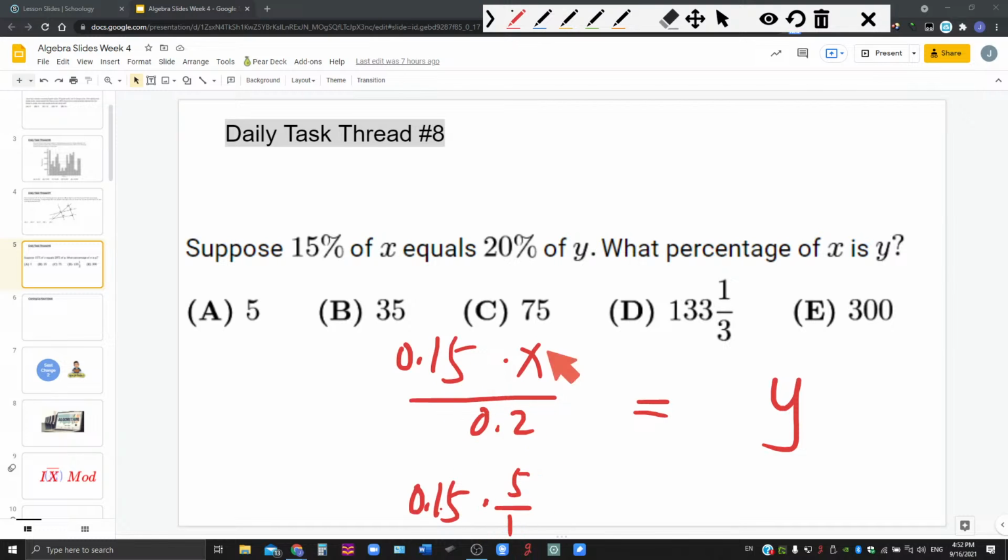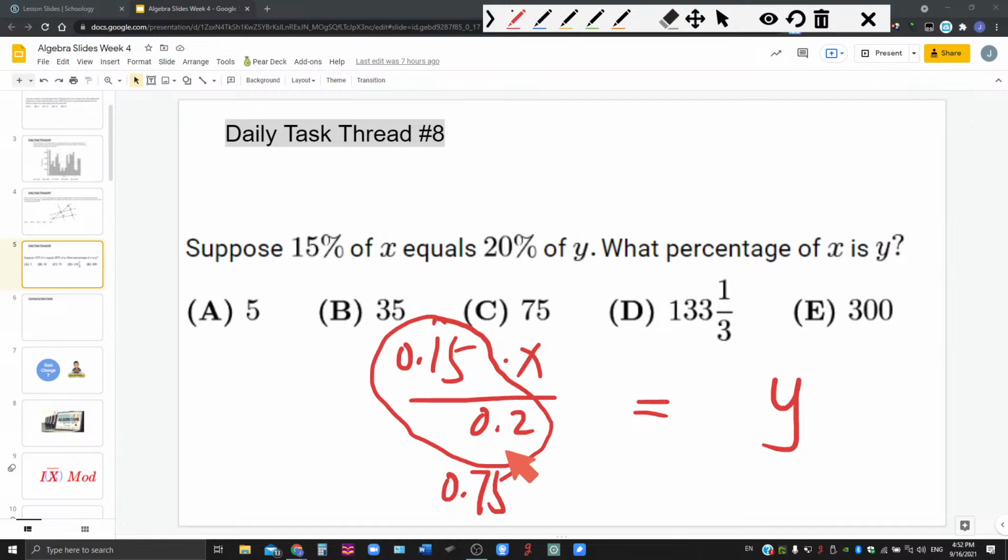So this will give us 0.75, and we have that x, this equals to y, right? You remember you can use a calculator on this. 0.15 divided by 0.2 is the same as 0.15 times 5.